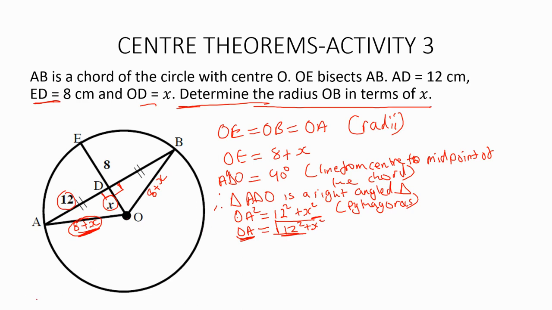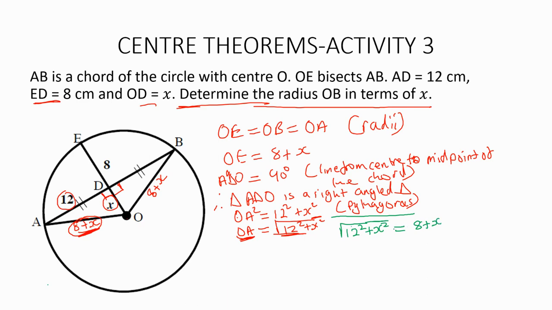Right, let's do that. So now we can say, let me draw a line here. I will try to fit everything here. Let's say the square root of 12 squared plus x squared, the line must go up to there, is equal to 8 plus x.